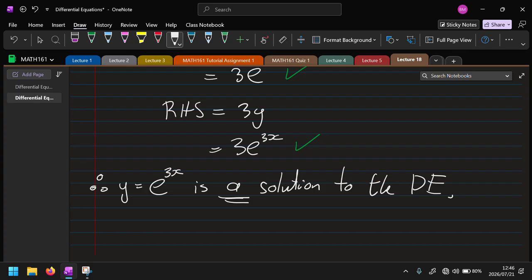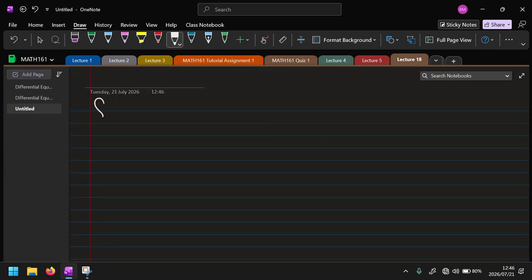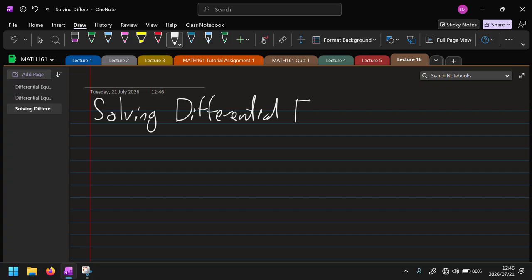Okay, so now we actually want to solve these differential equations. So in general, solving differential equations is very difficult, sometimes impossible to do, but under certain situations, they can be solved. And we're going to look at the different cases in which we can find a solution.